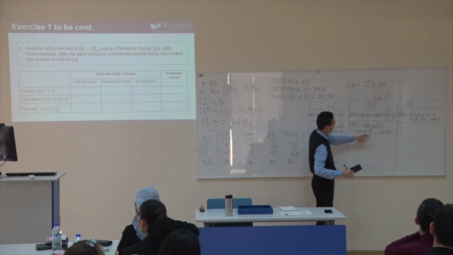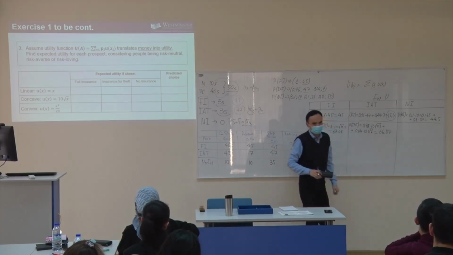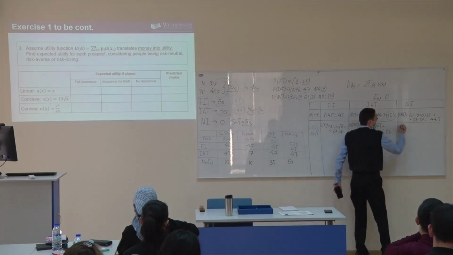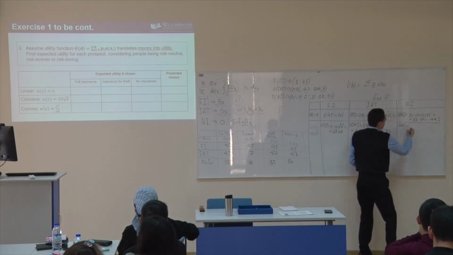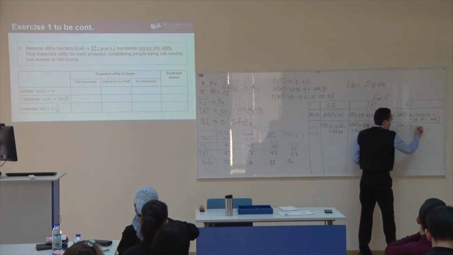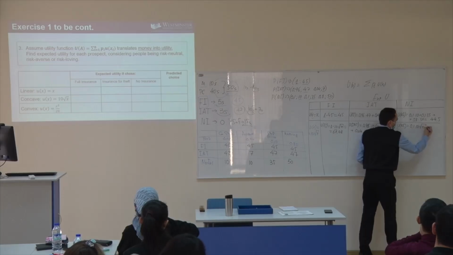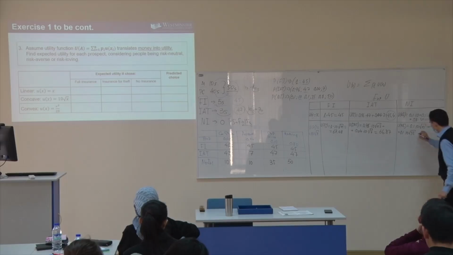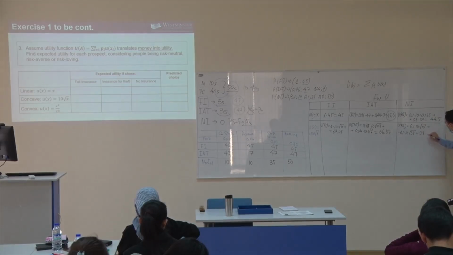Here we have included these two. And the last one is the no insurance case. The utility of no insurance is equal to a 10% probability of 10 times the square root of 10, plus another 10% probability of the payoff of 35, plus an 80% probability of 10 times the square root of 50.